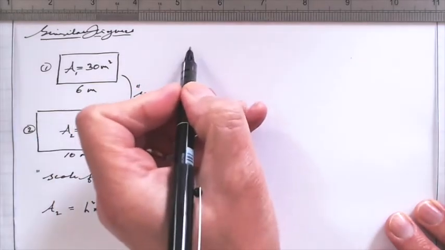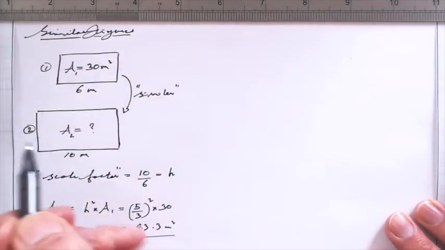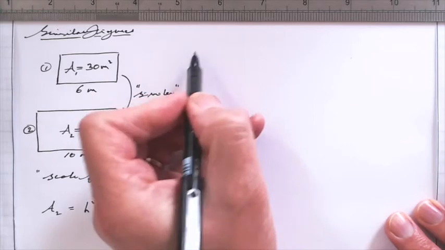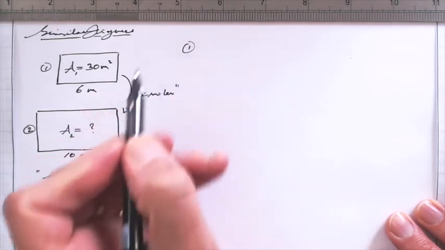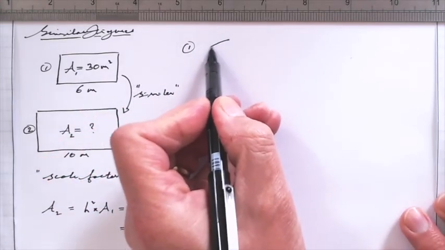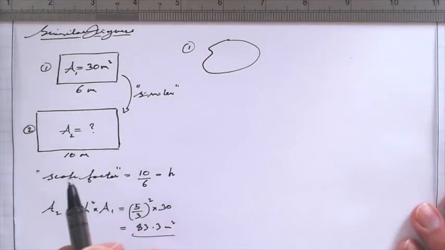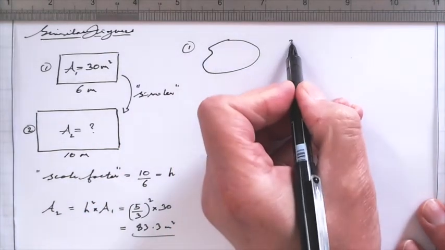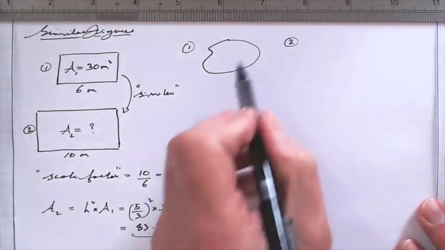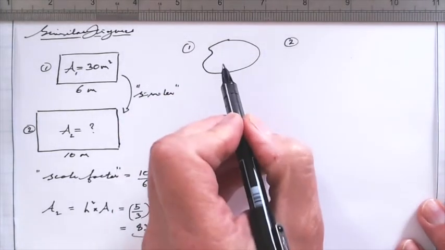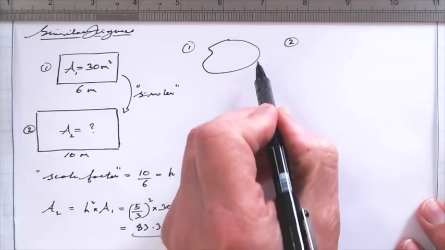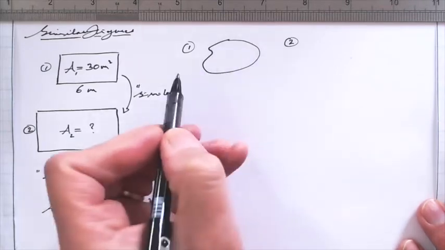Let's go from big to small this time. So let's say that the first thing we're given is some funny shape, like a sort of artist's palette or something. But let's say this is an architectural plan for a pond or something like that.